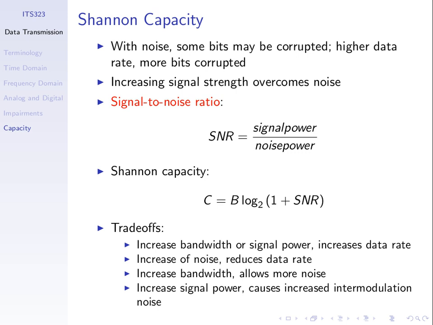But there's also some noise. And the receiver receives some noise as well. Let's say it's 2 milliwatts. So there's a little bit of noise and the signal is very strong. So the signal to noise ratio is 511.